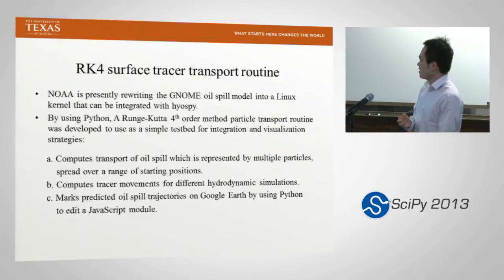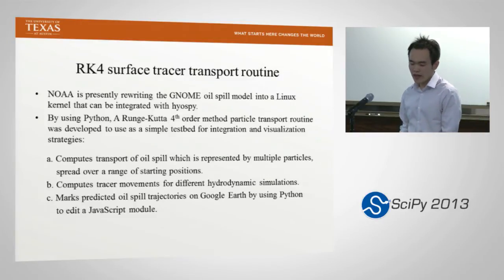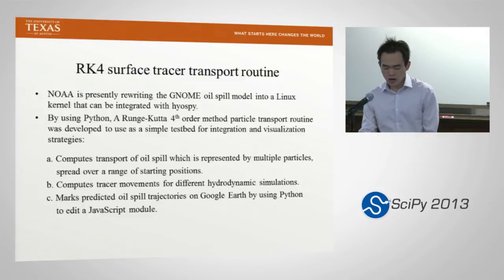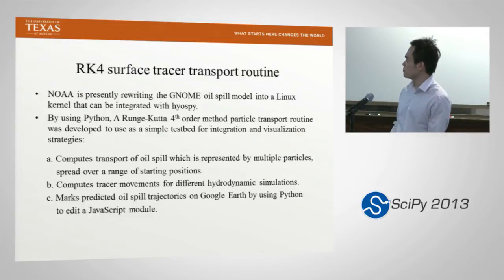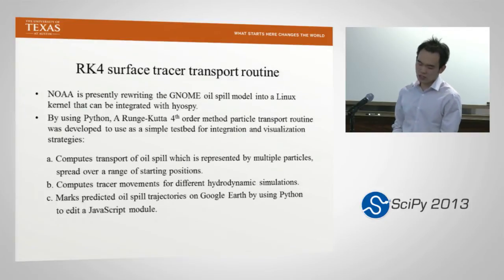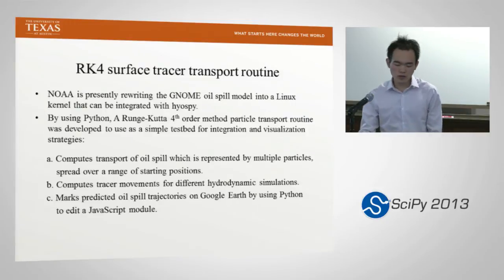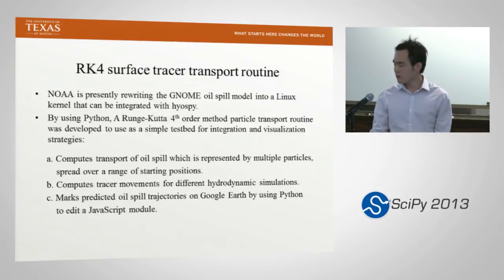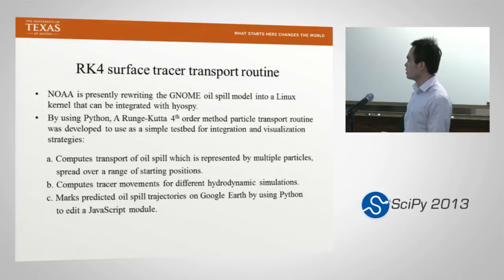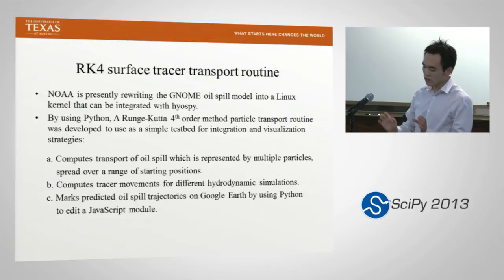Like I just said, at that time there was no Linux version of GNOME, so we used Python to develop an RK4 surface transport routine as a replacement of the GNOME model. Basically, this RK4 model will compute transport of the particles over different positions, and it can also compute tracer movement for different hydrodynamic simulations, running multiple simulations at one time.